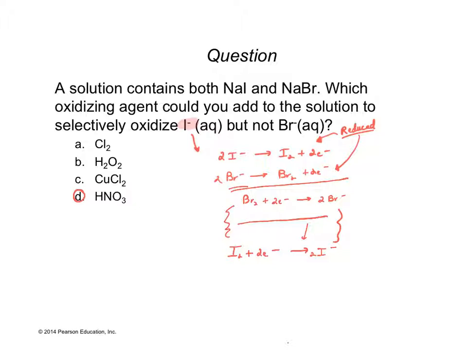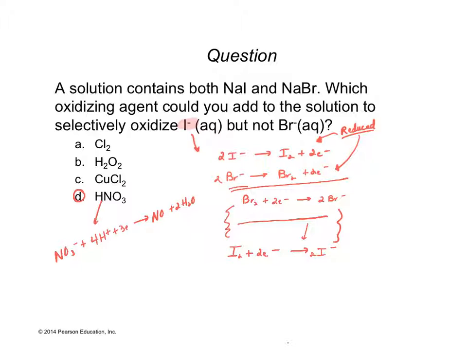And the actual redox couple that we are looking at there, where is iodide? Iodide, we go up, is this guy. It's nitrate, NO3 minus, plus 4 protons plus 3 electrons goes to make NO gas plus 2 H2O.